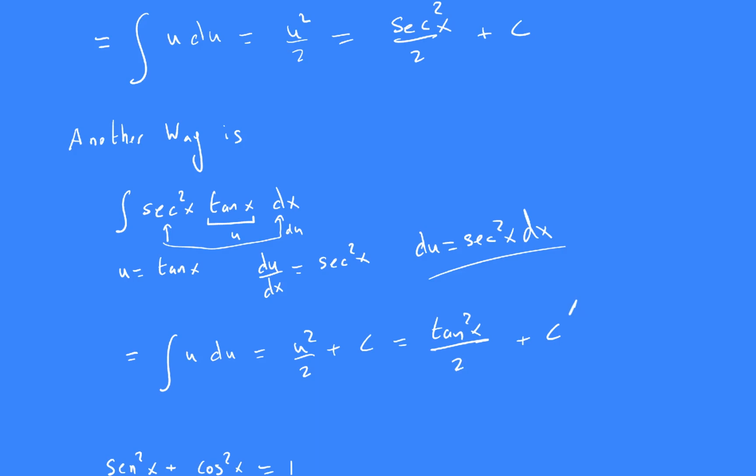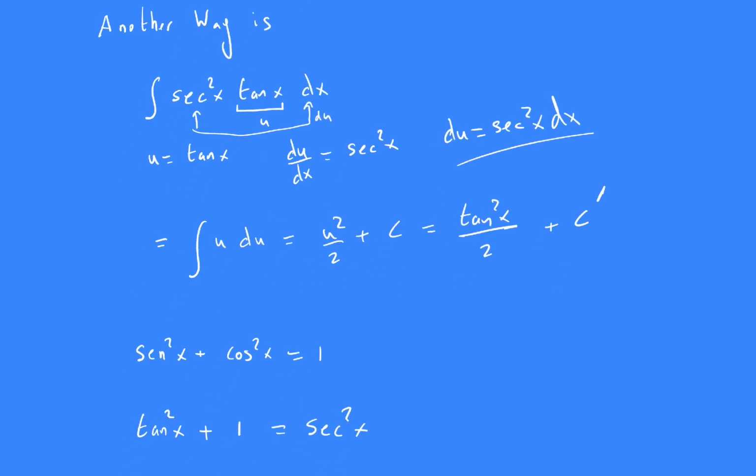It looks different. Secant square is 1 divided by cosine square of x, and tangent square of x is sine square divided by cosine square. So you may be surprised and say, wow, these are two different solutions. Well, remember this: sine square of x plus cosine square of x is equal to 1.